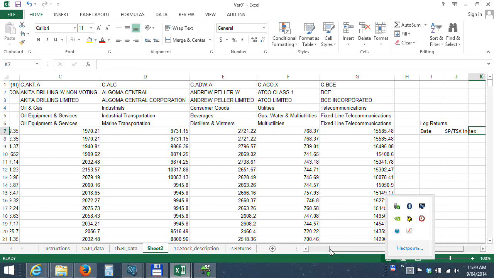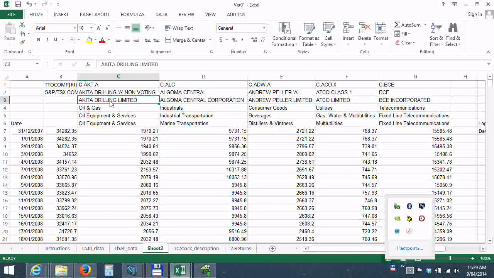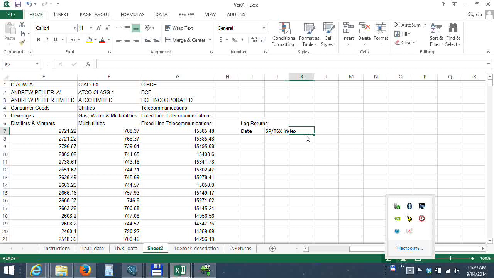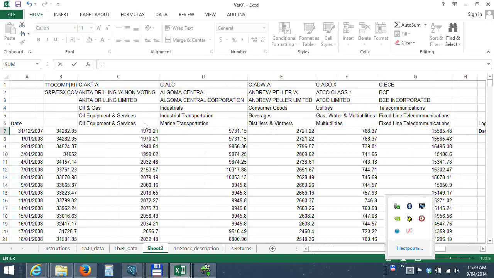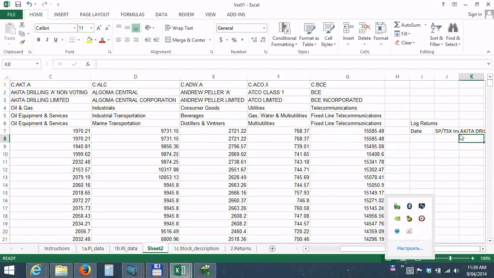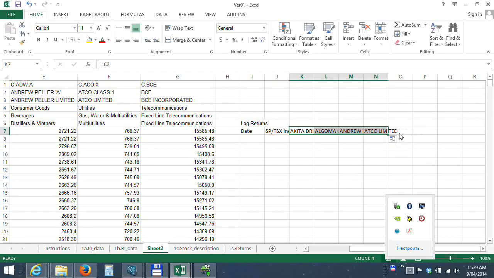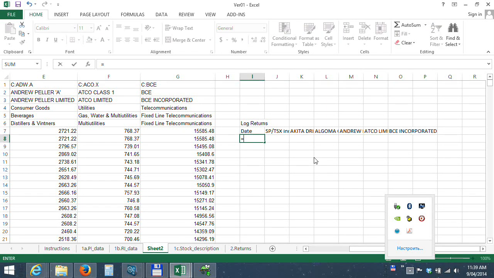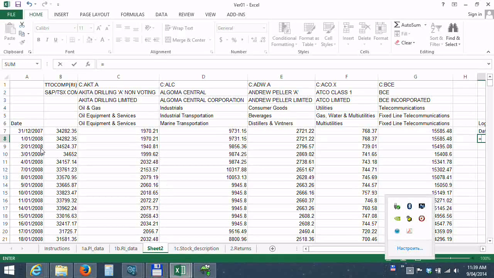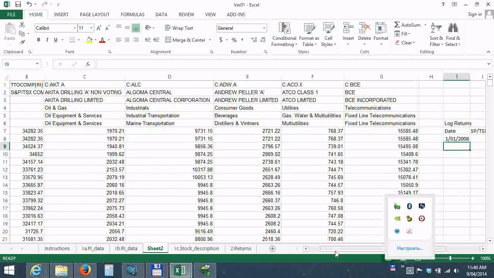My first stock is Akita Drilling. And I'm going to copy that for other stocks, and my last one should be the BC. Okay, so date is the same date reference here.